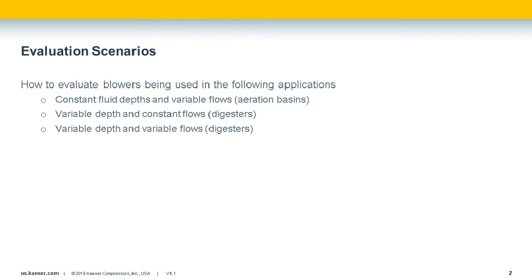And finally, an application with variable fluid depths and variable volume flows. The system for these evaluations has similar foundations. This foundation includes creating a model of the process, acquiring data for the blower, populating the model, and then finally making the evaluation.